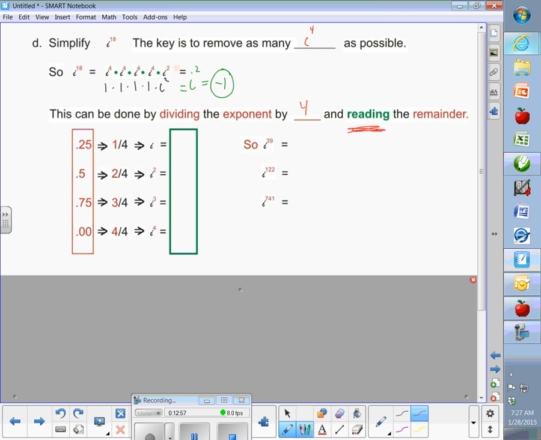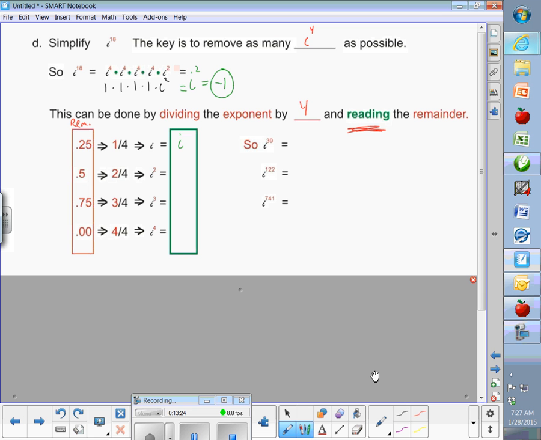Because you're dividing by 4, everything is in fourths. So look over at the chart here at the left. These are the remainders. You divide and you get a remainder of 0.25. That meant you had 1/4 left. One of the 4 i's, that's an I. And what is the value of I?